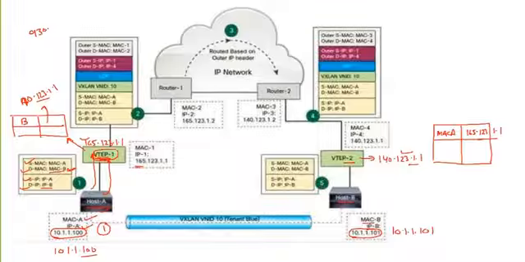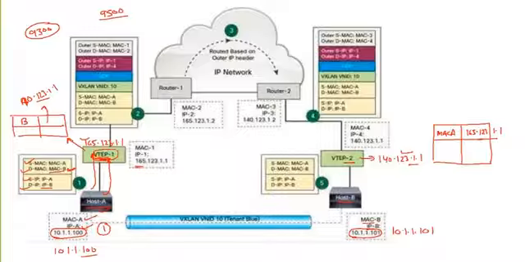It's not a normal layer 2 switch. Spine also will be a Nexus switch, Nexus 9500. So both the spine and leaves are Nexus switches, and all the servers and workstations are connected to the leaf switch.